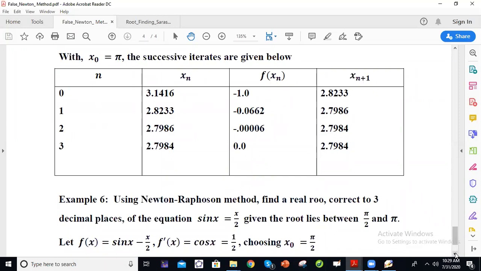The pre-specified error is 1 by 2 into 10 to the power minus 3, which is 0.0005. The absolute difference 2.7984 minus 2.7984 equals 0, which is less than or equal to 0.0005. Our criteria is fulfilled. We say x4 equals 2.7984 is our required solution.